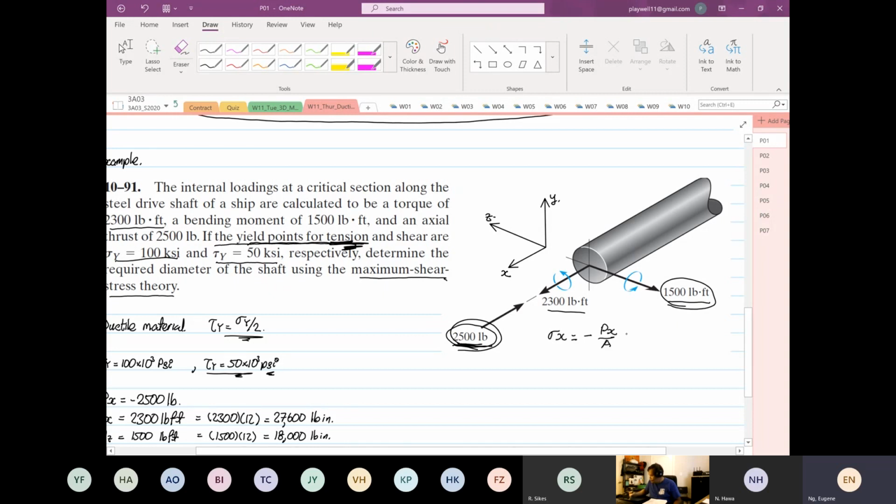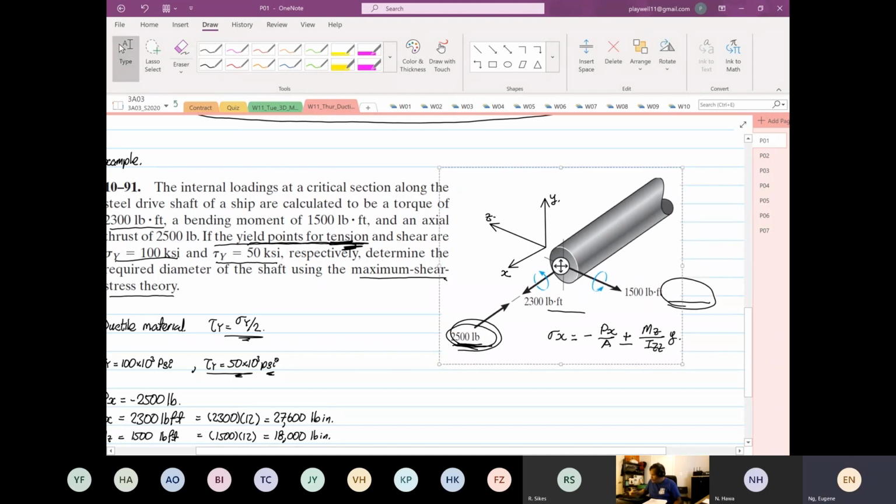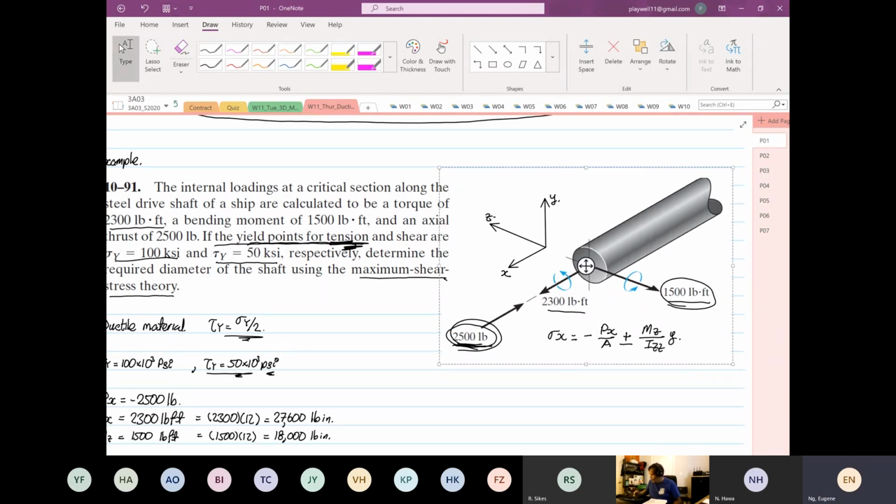Then we know it's going to be plus or minus Mz over Izz multiplied by Y. So for stress X to be maximum, what must happen is we have to have minus Px over A minus Mz over Izz multiplied by Y. It cannot be a plus. Yes or no? It cannot be positive.